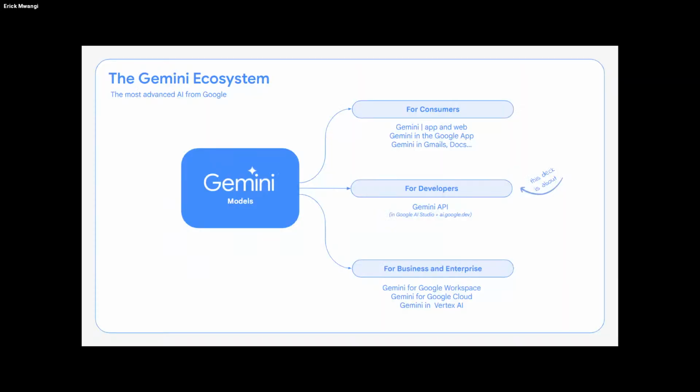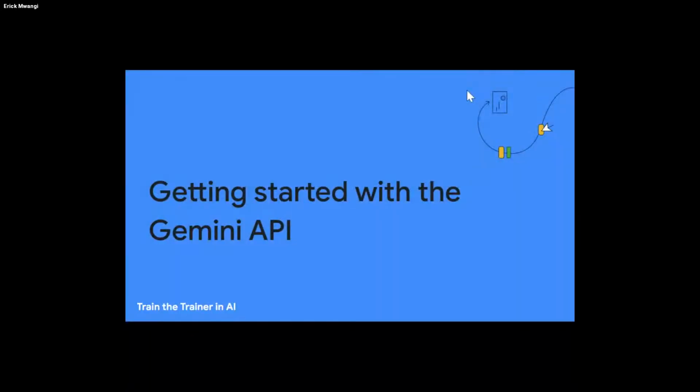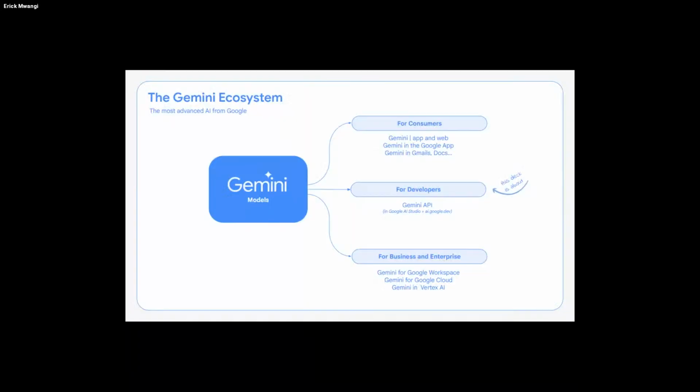So in the Gemini ecosystem, there are different ways you can interact with the Gemini models. For consumers, so these are people who don't code or know absolutely nothing about tech, you can interact with Gemini on their app or the web.